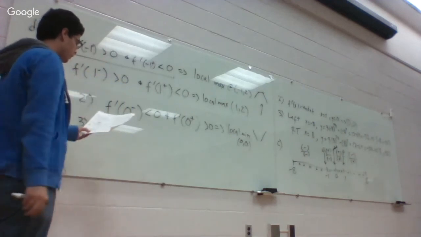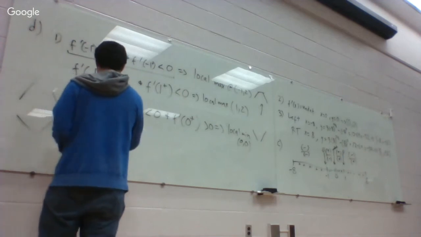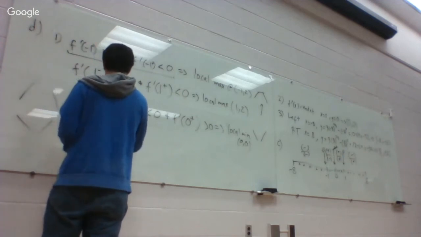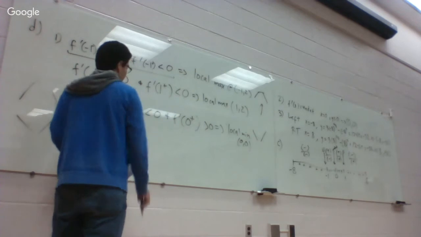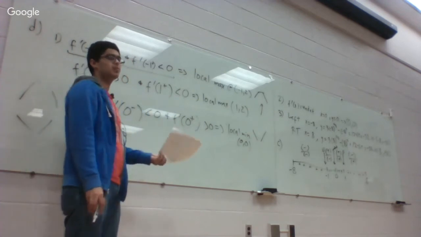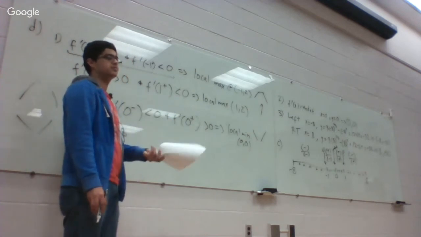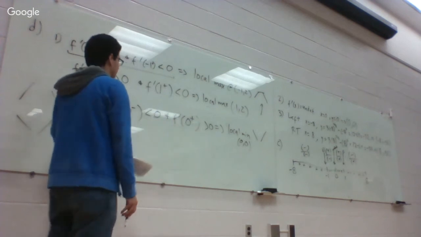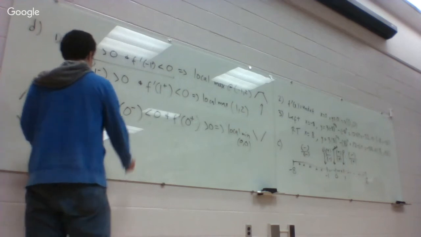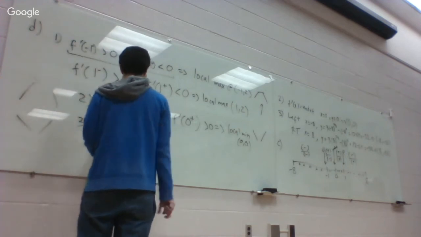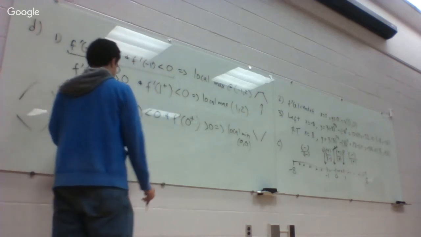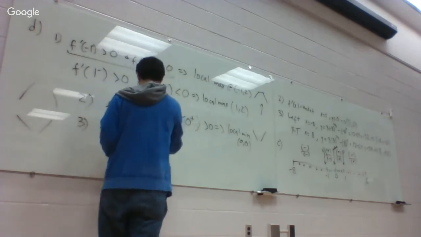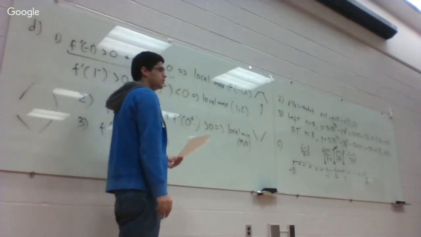Step 3 is testing the endpoints. If we approach -8 from the left side, can we approach it from the left side? No. We can only approach it from the right side. Is it greater or less than 0? So is it a max or min?